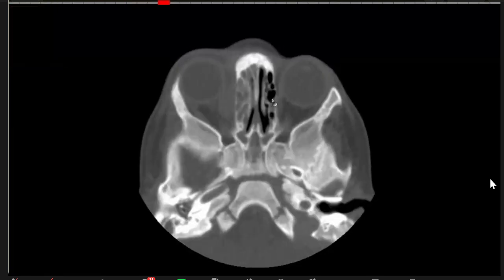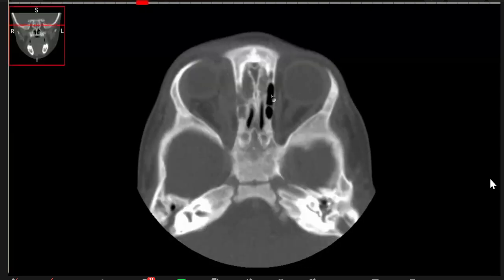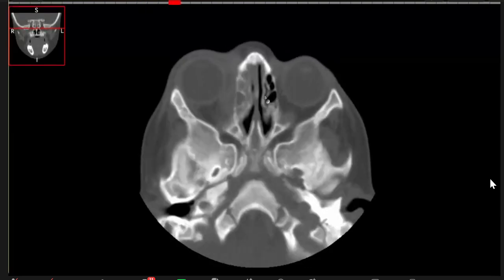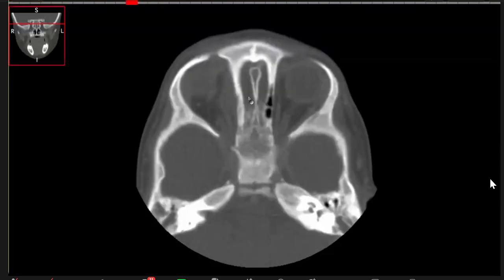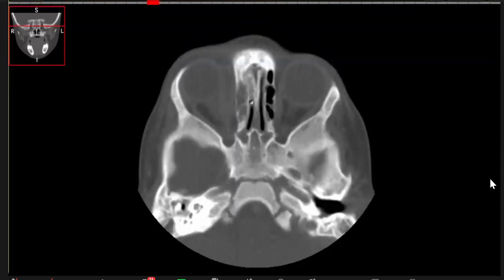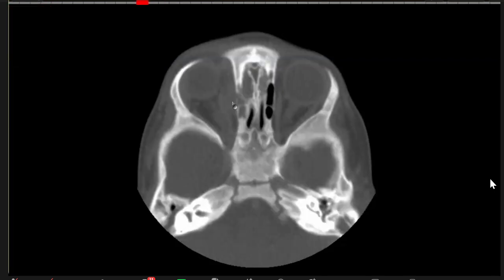Look, this is the ethmoid sinus, which is opacified. Lamina papyracea is such a thin bone that at times you can convince yourself that there are erosions. But having said that, in this particular case, one can argue that something is happening there, and you can see something is happening there.